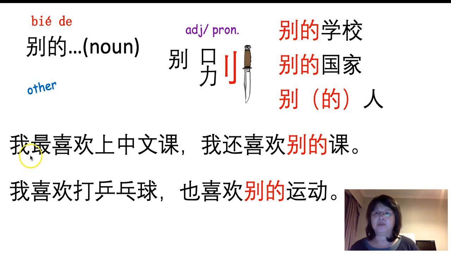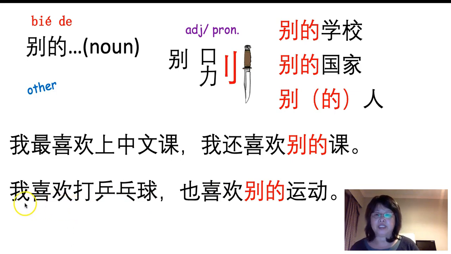More example. 我最喜欢上中文课。我还喜欢别的课。So 我最喜欢上中文课。I most like to attend Chinese lessons. That means my favorite subject is Chinese. 我还喜欢别的课。I also like other subjects.